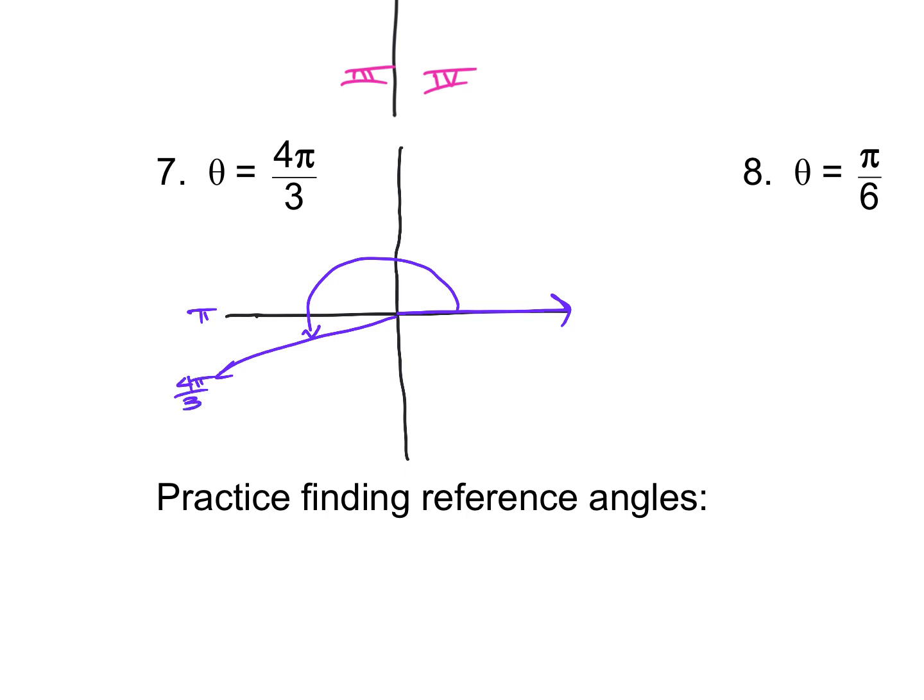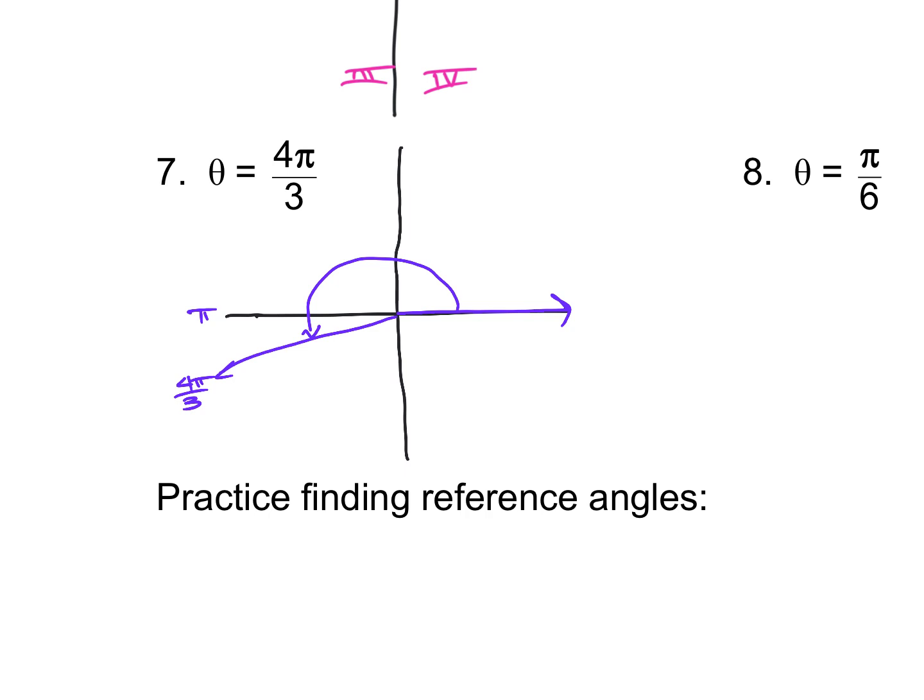So again, reference angle falls between where and where? The terminal side and closest x-axis. Where's that? Right there. Here. So what am I subtracting for this one? I'm doing 4 pi over 3 minus pi. With the radians, you're going to have to think more subtraction.